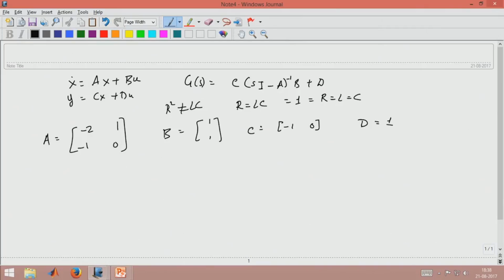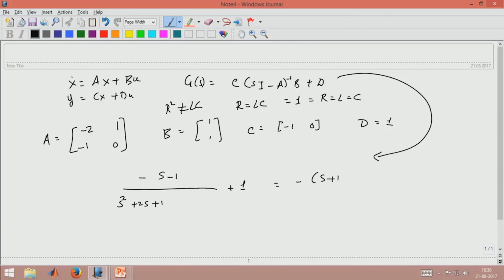Okay. Now, if I just do the formula, just substitute this here, what I get is that this entire term C (sI minus A) inverse B plus D is minus s minus 1 over s square plus 2s plus 1, plus 1. Okay, so this is also minus of s plus 1.